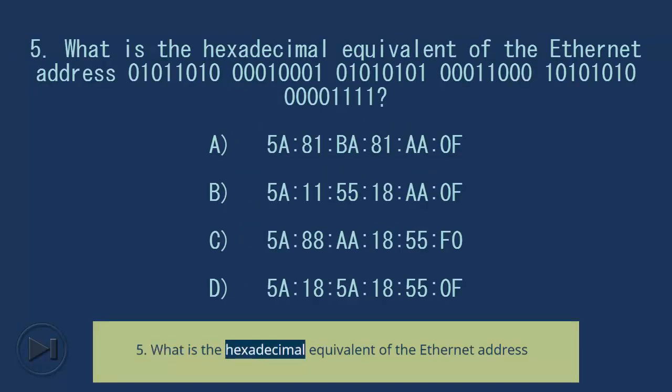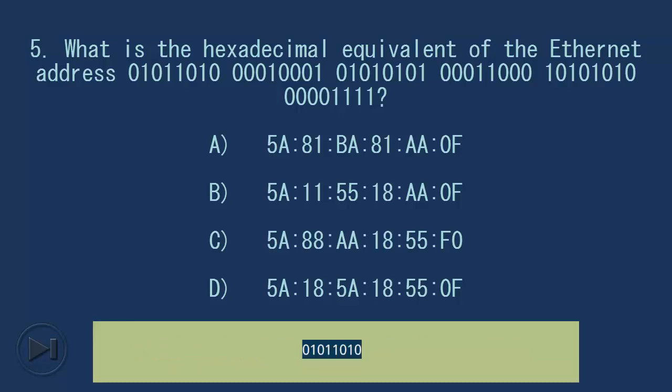5. What is the hexadecimal equivalent of the Ethernet address 01011010 00010001 01010101 00011000 10101010 00001111?